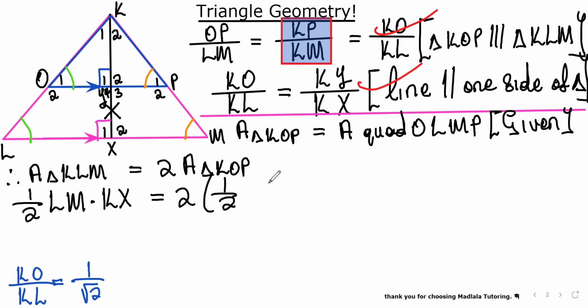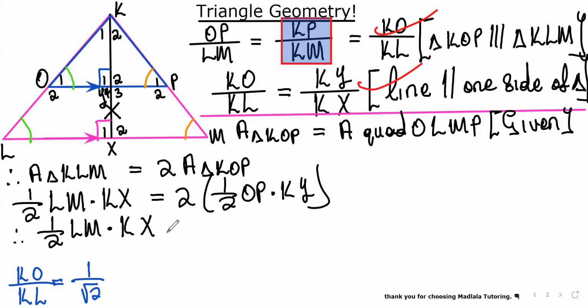Well, it should be half base by height as well. The base is OP and the height is KY. Well, this is what we are saying. And of course, if you simplify this further, you have 1/2 LM times KX, which is equal to OP times KY. That's what it means, right?